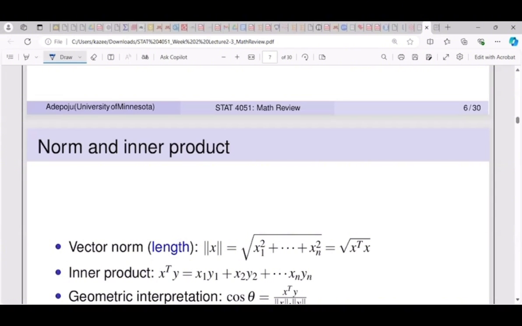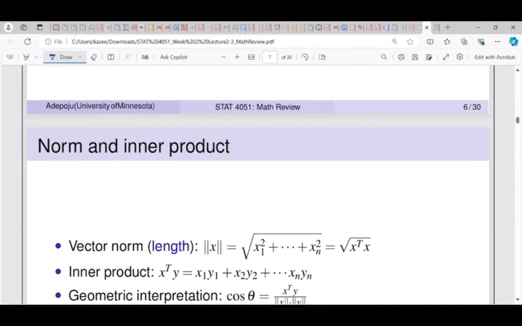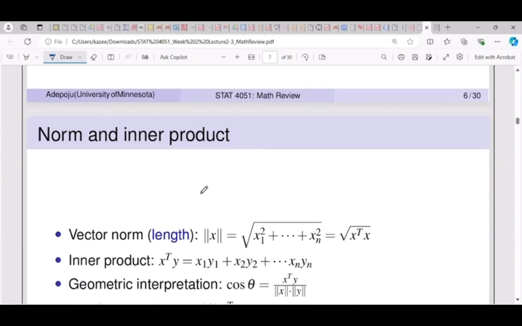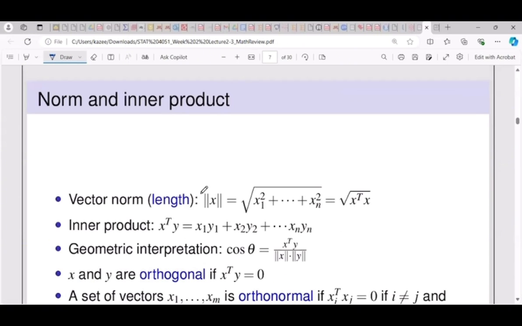By vector norm, this is a mathematical notation, we have a function that assigns a non-negative value. Because if I want to figure out the length, it's either 0 or greater than 0. We don't want a situation where the length is negative.